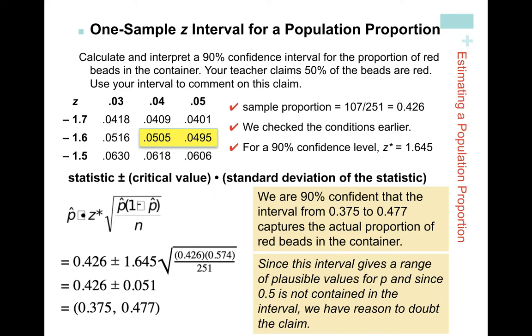So do we trust that claim that 50% of the beads are red? No, this gives us reason to doubt the claim that 50% is the true population proportion P, because 50% is outside of the entire interval, right? The upper bound of 0.477 is lower than 0.5. So we doubt the claim.